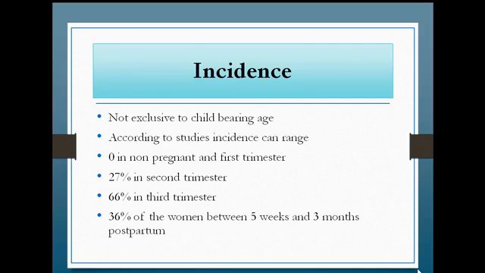According to a study, in non-pregnant women there was no separation, but in the first trimester 27% of women had DRA. In the third trimester, 66% had DRA, and postpartum, 36% had DRA.